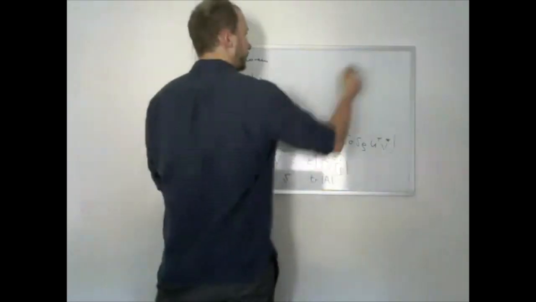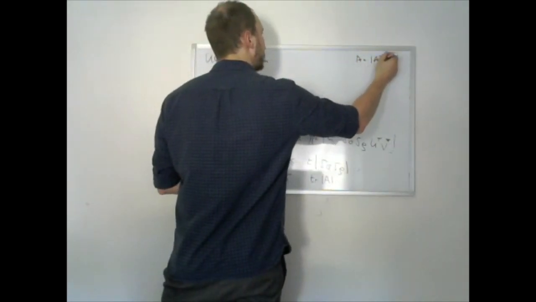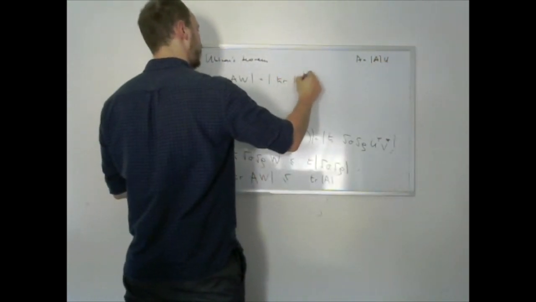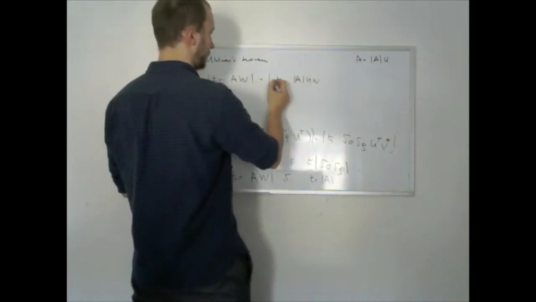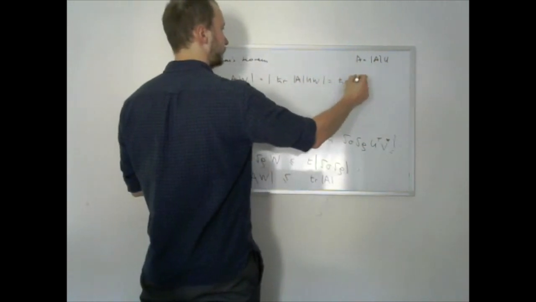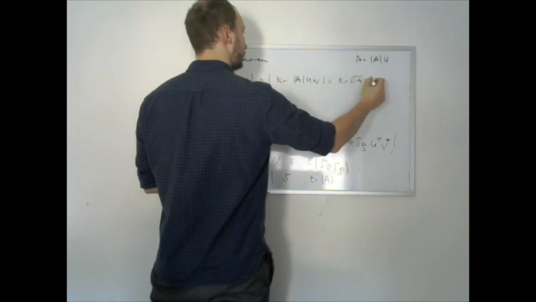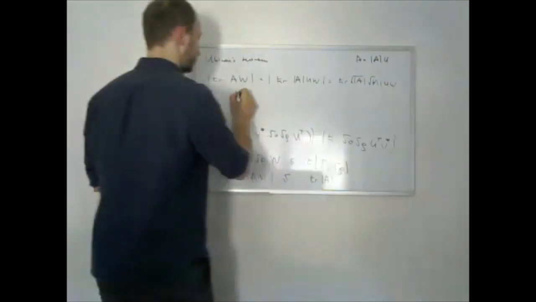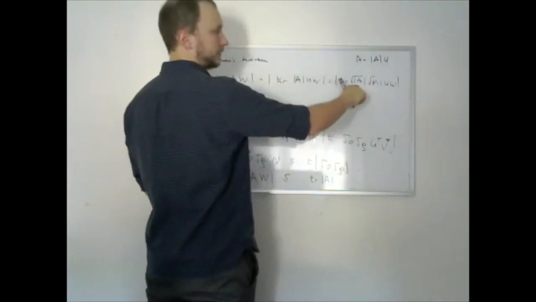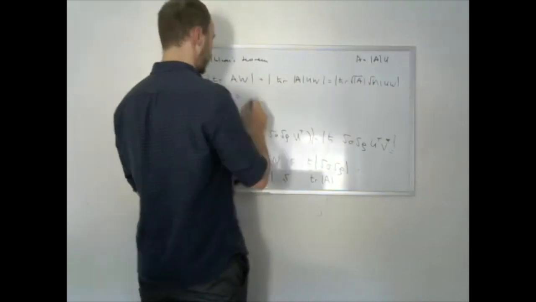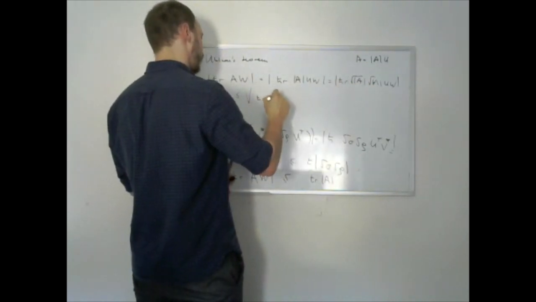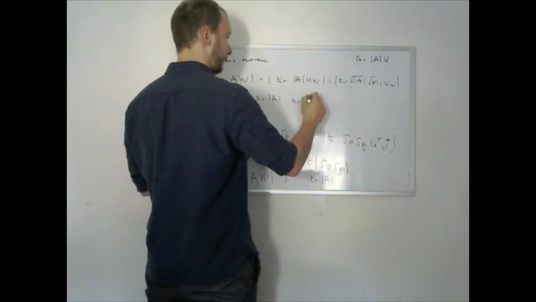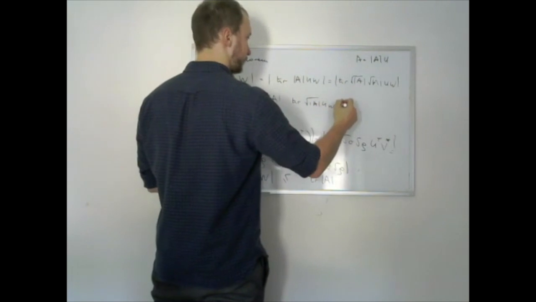So I use the polar decomposition: A is equal to |A| times U. So this is equal to trace of |A| U W. This is equal to trace of square root of |A| times square root of |A| U W. Now by Cauchy-Schwarz, this is smaller or equal to the norm of this operator, which is the square root of trace of |A| times the trace of square root of |A| UW times its conjugate, which is W dagger U dagger.